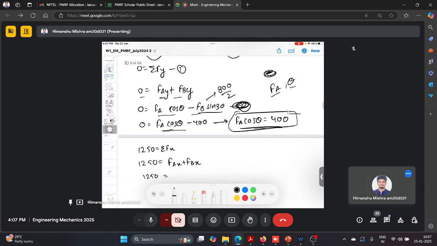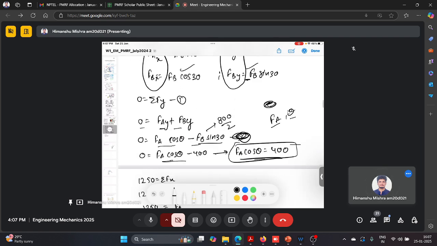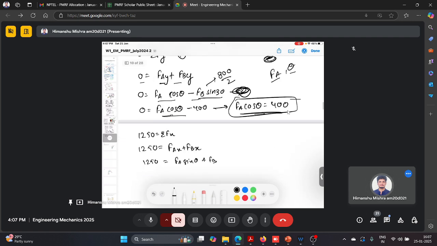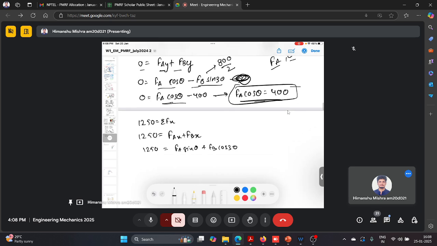So it is Fa sin theta plus Fb cos 30, right? So Fb is 800. So basically 1250 minus 800 cos 30 equals Fa sin theta.